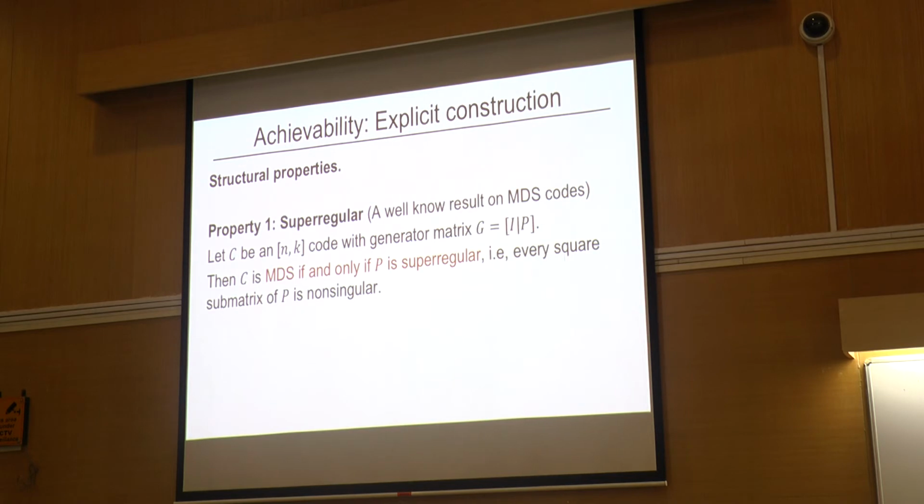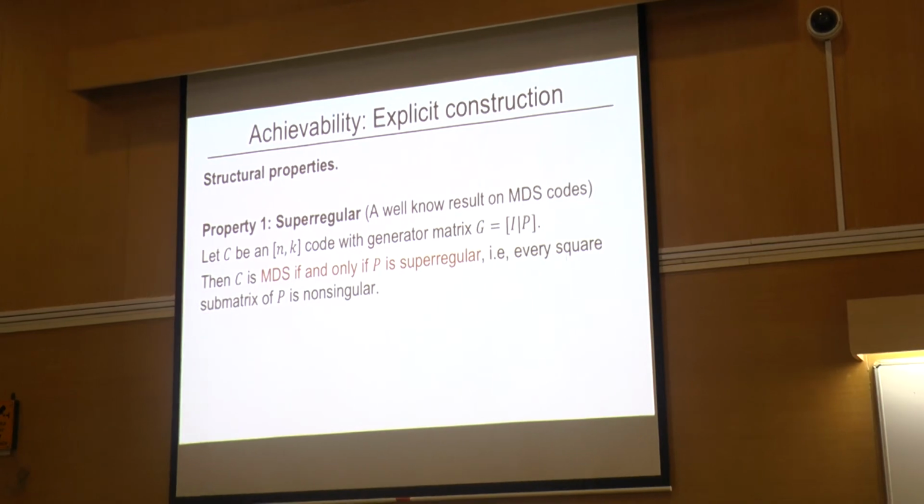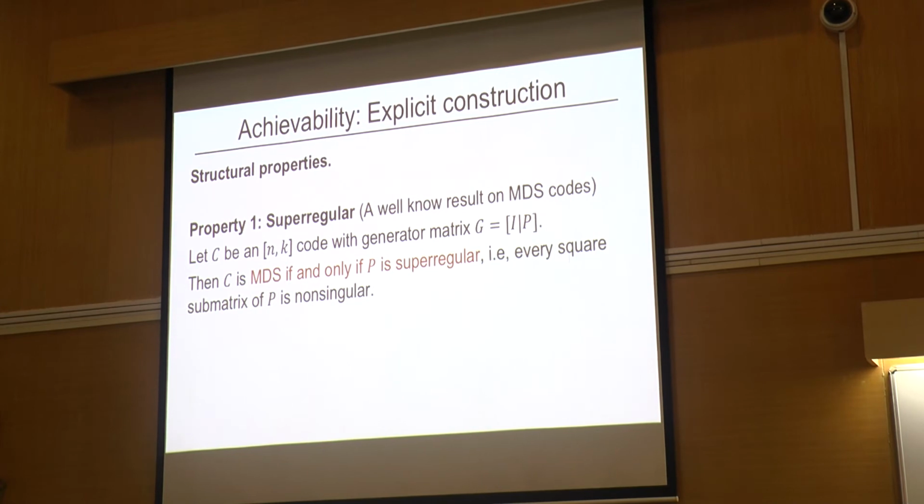The first one is a well-known result in coding theory, which says that a code with a generator matrix G of that form is MDS if and only if the parity part P is what is called superregular, which means that every submatrix of P is full rank, or non-singular. So we need Pi and Pf to be superregular.